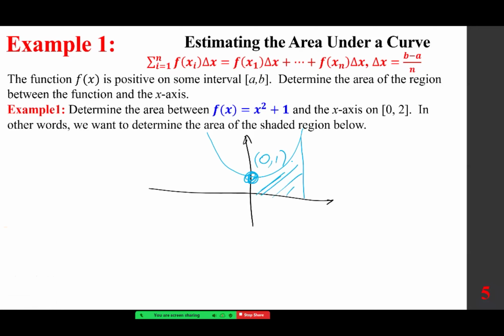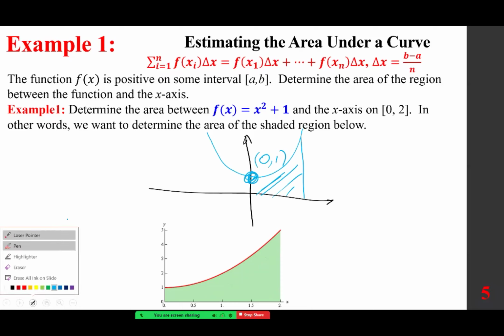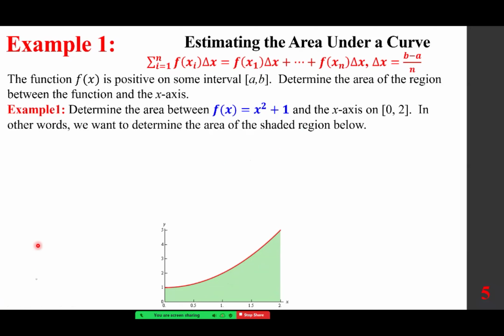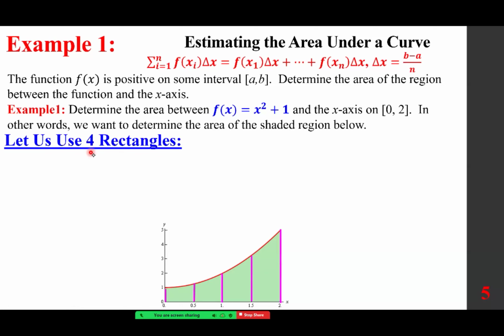Now, to make this nice and easy, let's go just with the shaded region. So I'm going to erase the mess. And so we just want this shaded region. And so we are going to cut it into so many pieces. For example, let's choose number 4. We cut into 4 pieces.